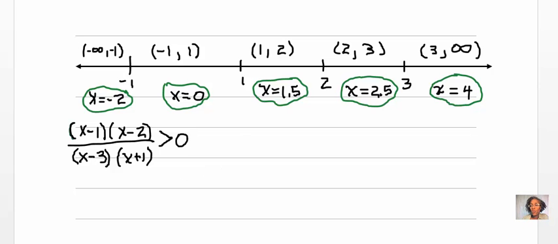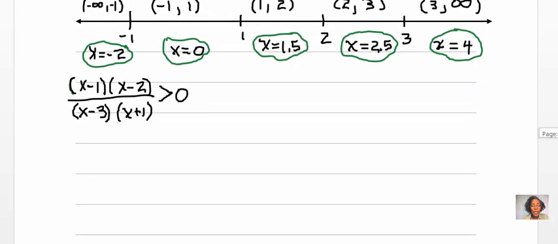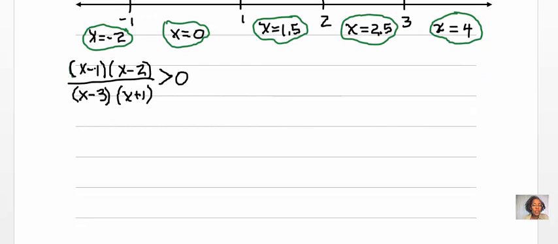We're going to take each one of the test numbers and place them into that expression. So -2 minus 1 is -3. -2 minus 2 is -4. -2 minus 3 is -5. And -2 plus 1 is -1.